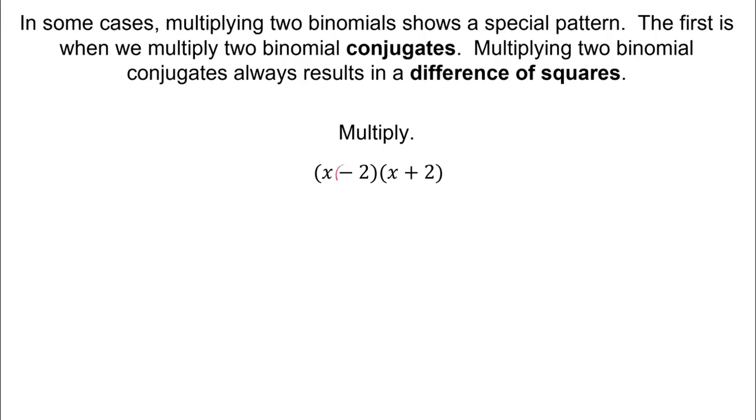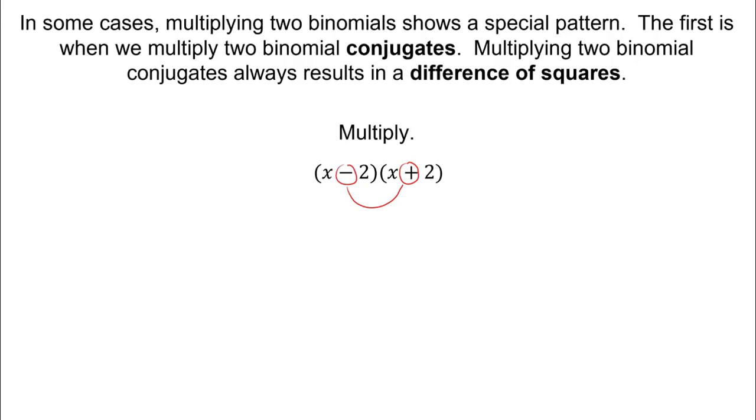And that glaring difference is the sign in the middle between the two terms. If the sign in the middle of two binomials is the only thing that's different in those two binomials, then I know those two binomials are conjugates, and I can use this special way of multiplying to multiply them. So in this case, x minus 2 and x plus 2 are conjugates.